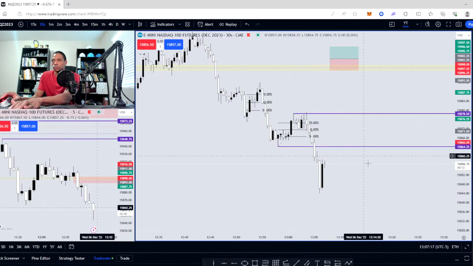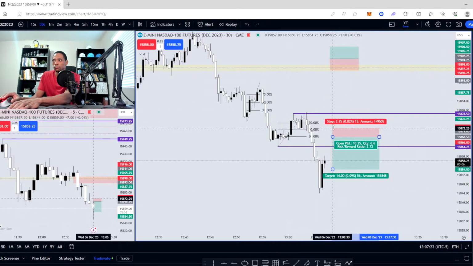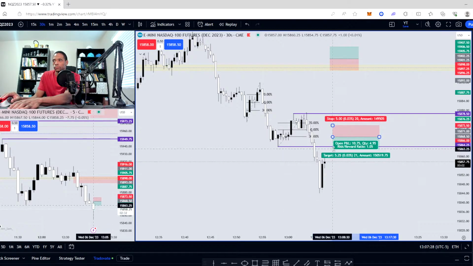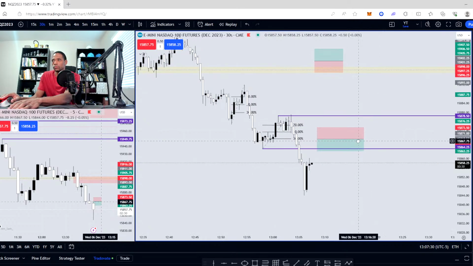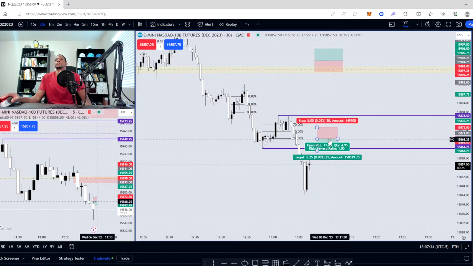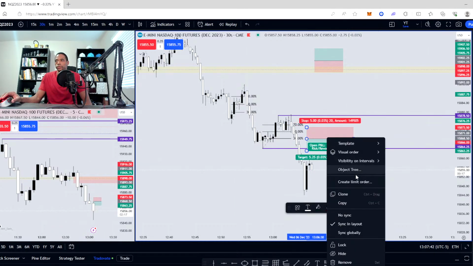Oops, wrong one. Looking for the short. Okay, 5 points, 5.25. So now in the event that price wants to return to 30%, it will trigger a trade.